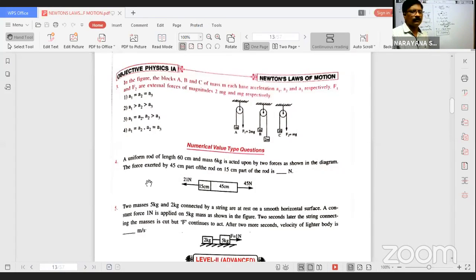Already I did the problem, that is the answer. Likit, you see the calculation.